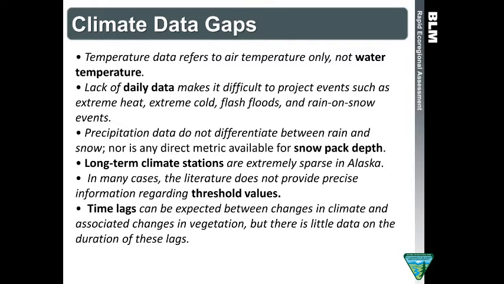And then this is a data gap more core and integral to all the climate models. Something to keep in mind is that long-term climate stations are extremely sparse in Alaska. So all of these models are interpolated and downscaled using real data from real climate stations. They're modeled at the global level, so global circulation models that are then downscaled.